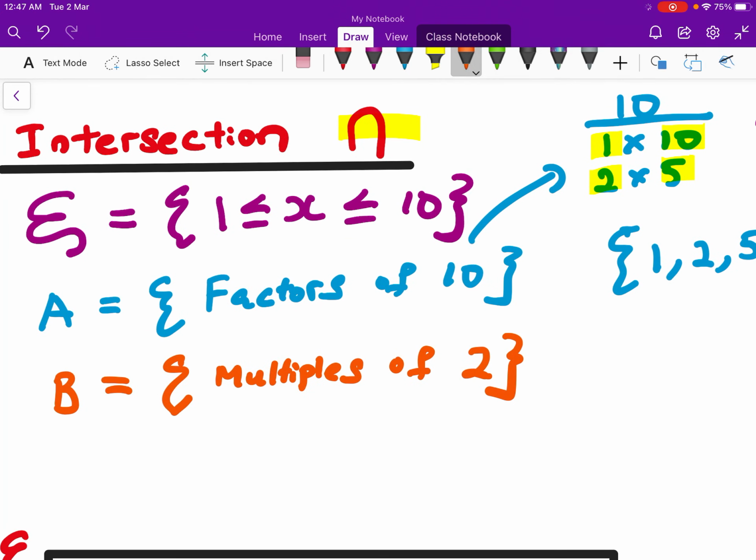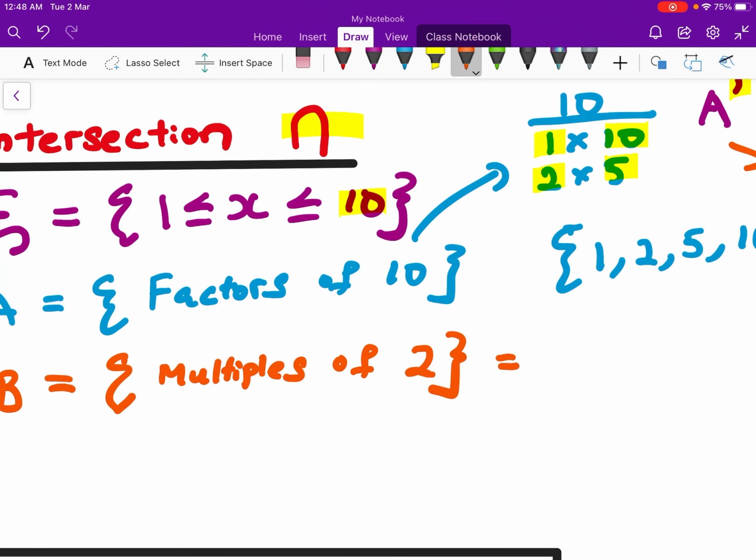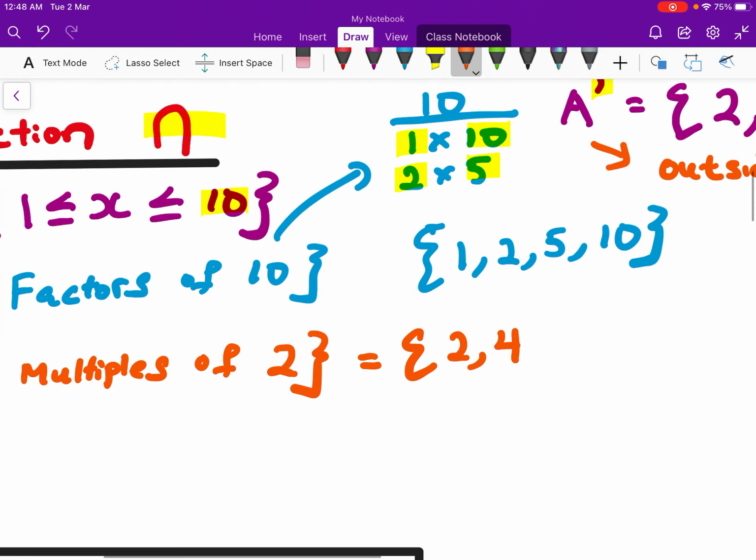B is a multiple of 2. So multiples of 2 means 2, 4, 6, 8, 10, 12, and so on. But we don't include 12 because our universe only stops at 10. So let us write: 2, 4, 6, 8, and 10.